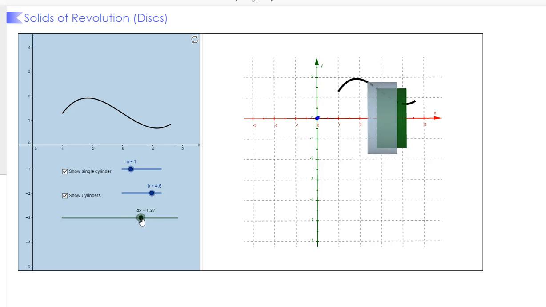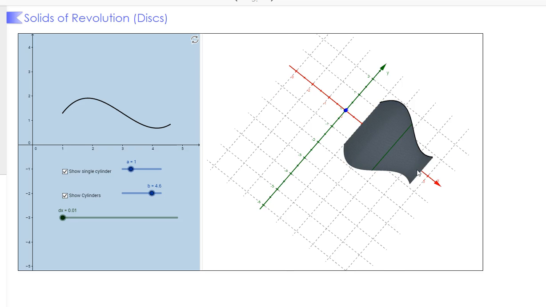Sliding it back the other way, the height is decreasing, so we're fitting more cylinders under the curve, until if we take it all the way down to delta x equals 0.1, it looks like it's a solid shape. And that's the whole idea of it, having an infinite number of cylinders, so we have the exact volume of the shape.